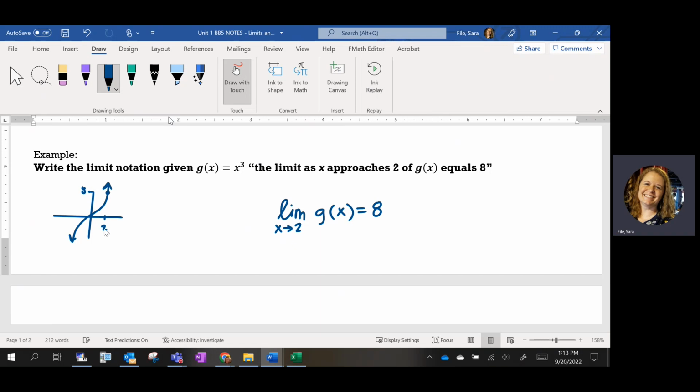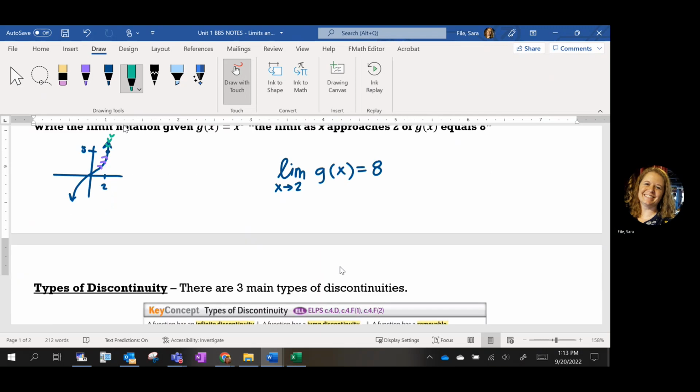Is there a point at 2, 8 on the cubic function? Yeah, because from the left, as we get closer to 2, we're approaching 8. And from the right, as it gets closer to 2, we're approaching 8. So that is indeed the limit. Does that make sense to everybody?